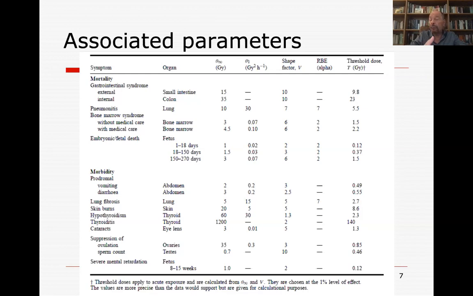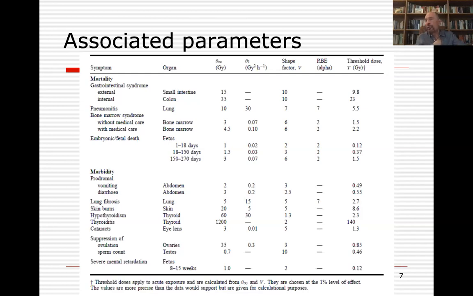Cataracts were assumed for many years to be totally non-stochastic, so that there was a threshold, but actually there's not a threshold. The D50 is 3, but the shape factor is relatively low. I mean, there is some variability, but you see the threshold dose is about 1.3 gray, but it was generally assumed that there is no cataract if you're exposed below 1 gray.